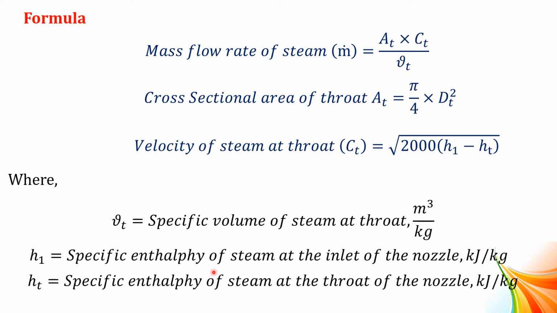H1 is the specific enthalpy of steam at the inlet of the nozzle in kilojoule per kilogram, and Ht equal to specific enthalpy of steam at the throat of the nozzle in kilojoule per kilogram. Now we can solve this problem by using steam tables.